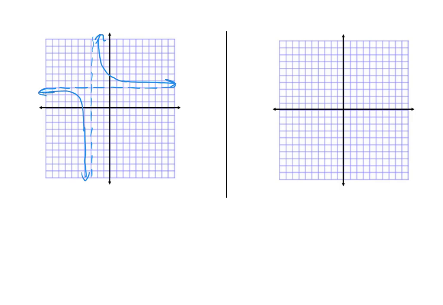Okay, so what we have to remember is we're looking at this graph at its end behavior. So as x approaches infinity and x approaches negative infinity. So where is that? It's as x approaches far right and far left.